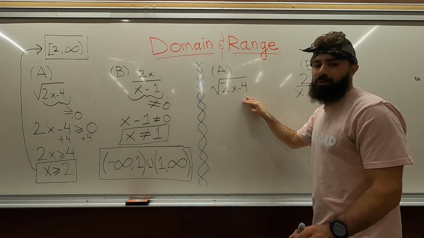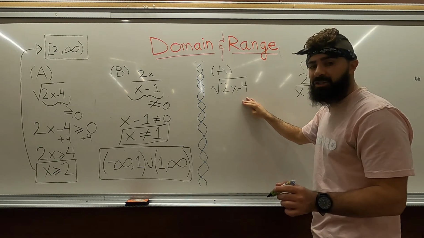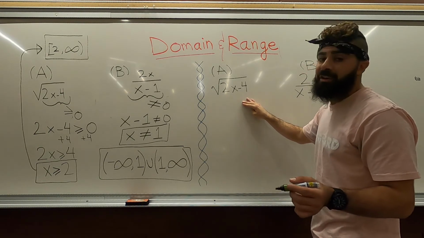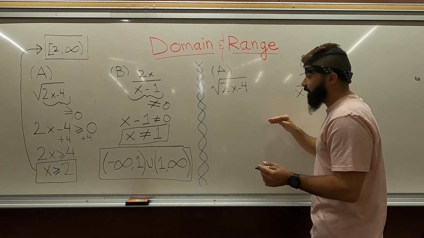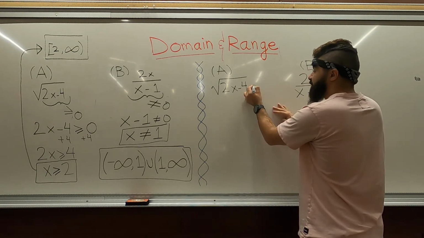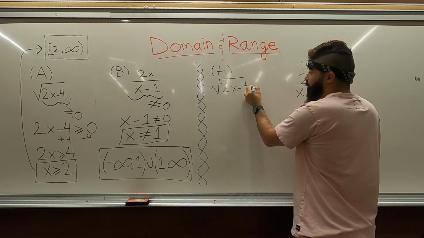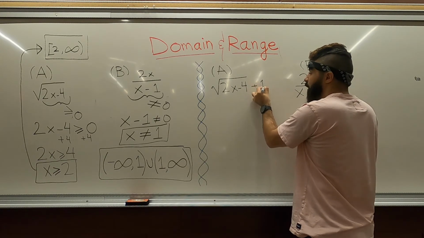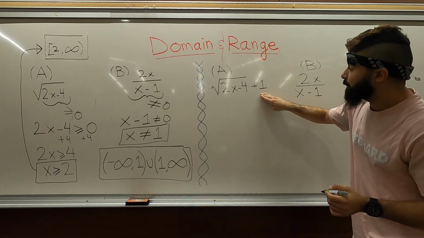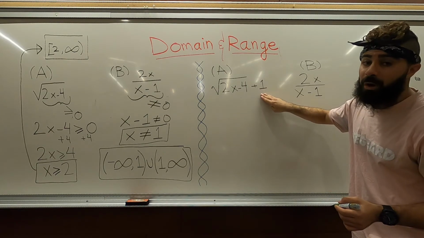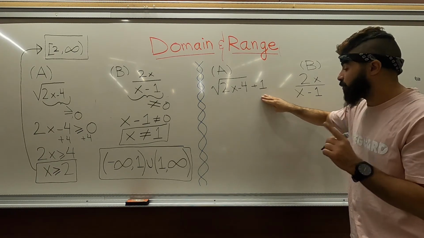When you have a square root, typically the range is going to be all non-negative real numbers, okay? So square root functions, unless there's a shift on the outside. This one has no shift on the outside. For example, if there was a number, let's say 1 here, then this would be all real numbers y greater than or equal to 1.